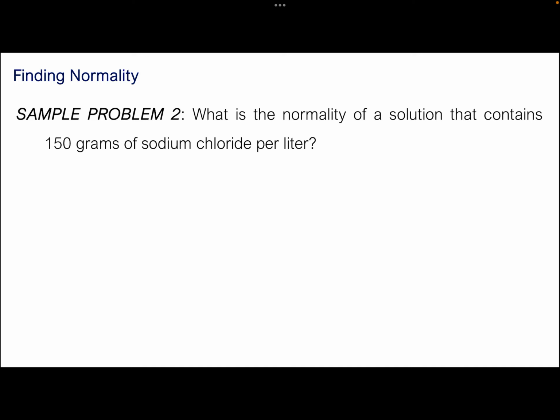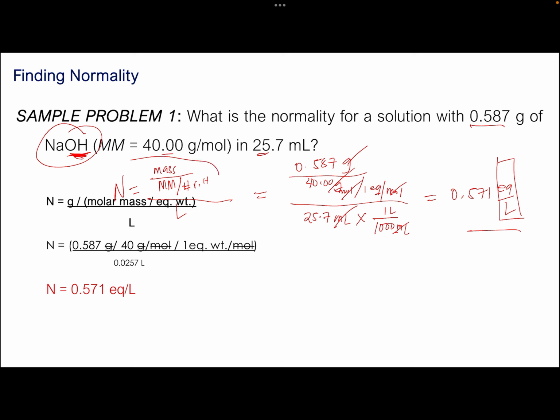Next, what is the normality of a solution that contains 150 grams of sodium chloride per liter? For this one, we will use the formula. By the way, there is another formula.